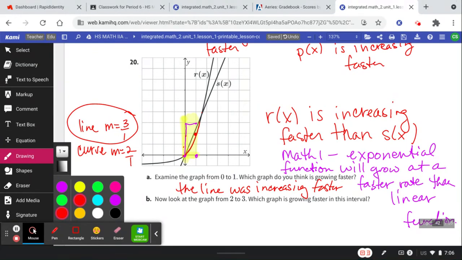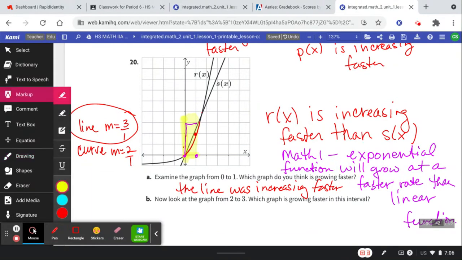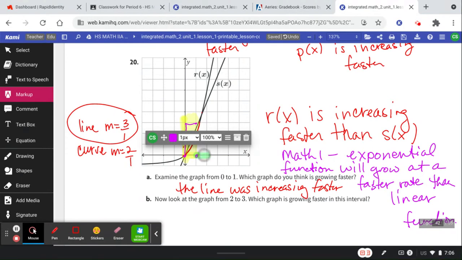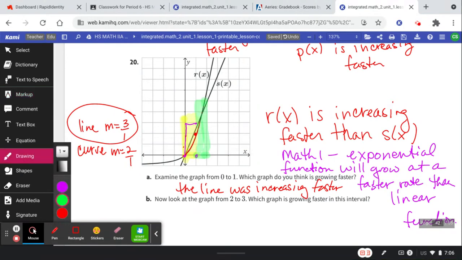So now look at the graph of the line from 2 to 3. So check this out. From 2 to 3, now we're talking this section here. We can see that now the line is going sort of just up like that, but the curve is like taking off.